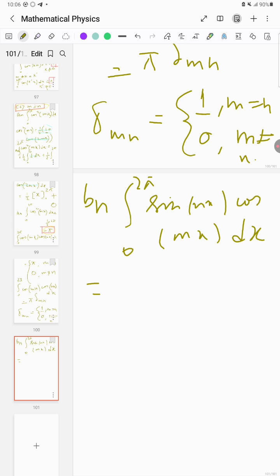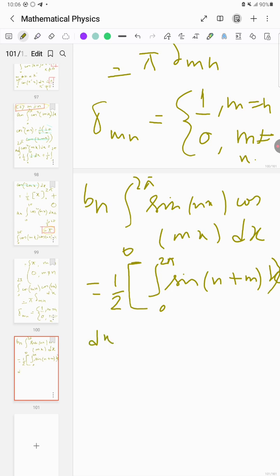So what we do is we break this again into an identity. An identity, we have already said that it simplifies things down, right? So what will the identity do? Identity breaks this into two parts, 0 to 2 pi sine (n plus m)x dx plus half, there's a half here.